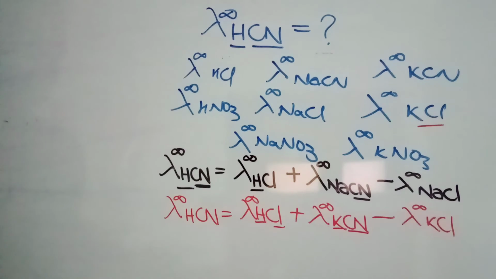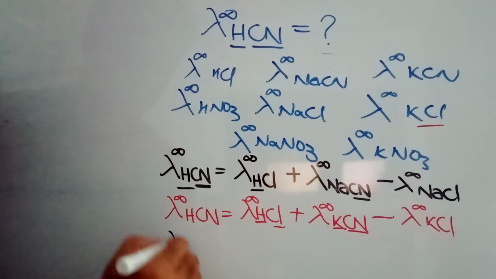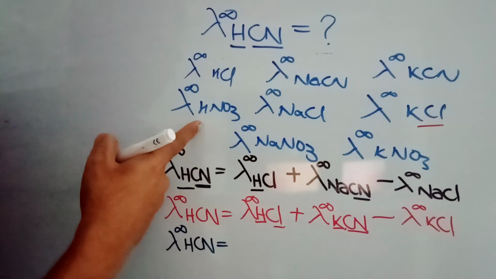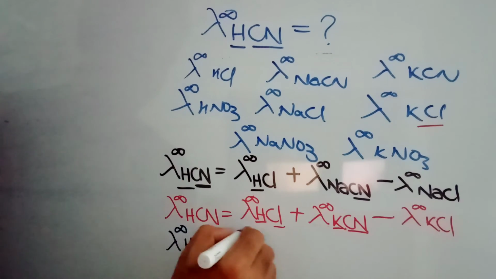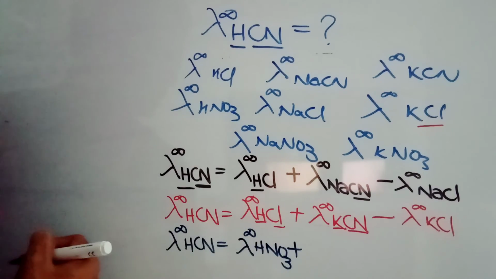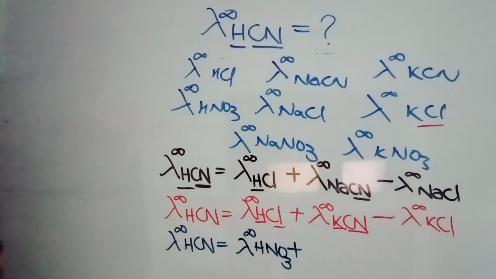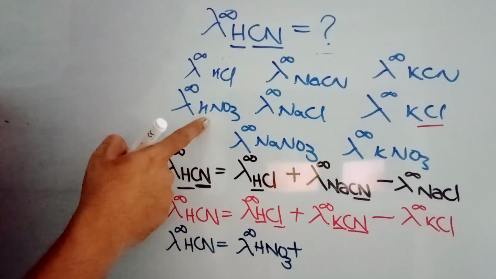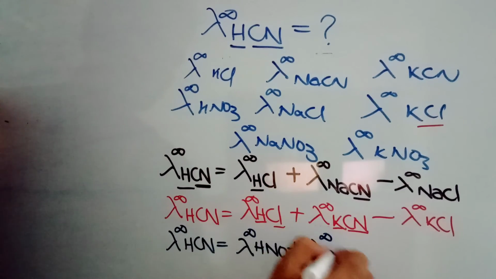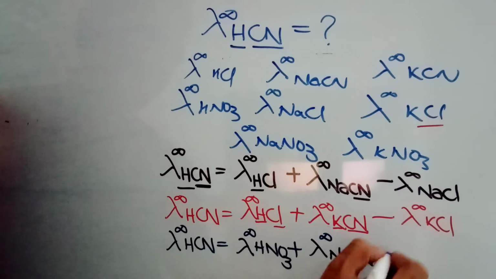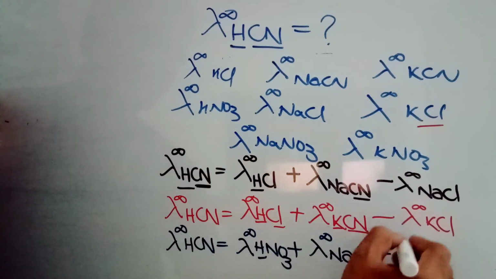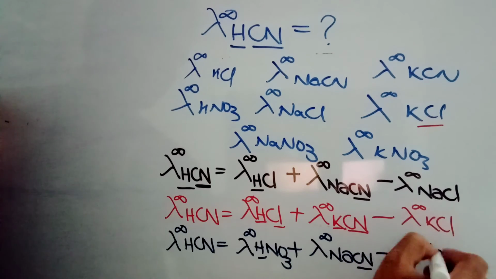One more possibility if you want lambda infinity of HCN: let us take lambda infinity of HNO3, if that is given. Hydrogen you got. Then NaCN, if you take lambda infinity of NaCN, fine, H and CN you got. Extra is NaNO3, so subtract lambda infinity of NaNO3.